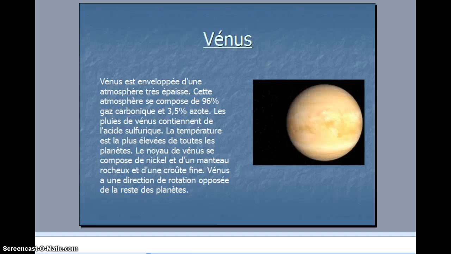Rains on Venus contain sulfuric acid. Sounds like a fun place to visit. The temperature on Venus is the highest of any of the planets in the solar system. The core of Venus is composed of nickel, and the mantle is rocky with a fine crust. A neat fact is that Venus rotates in the opposite direction to most of the planets. It rotates from west to east instead of east to west.